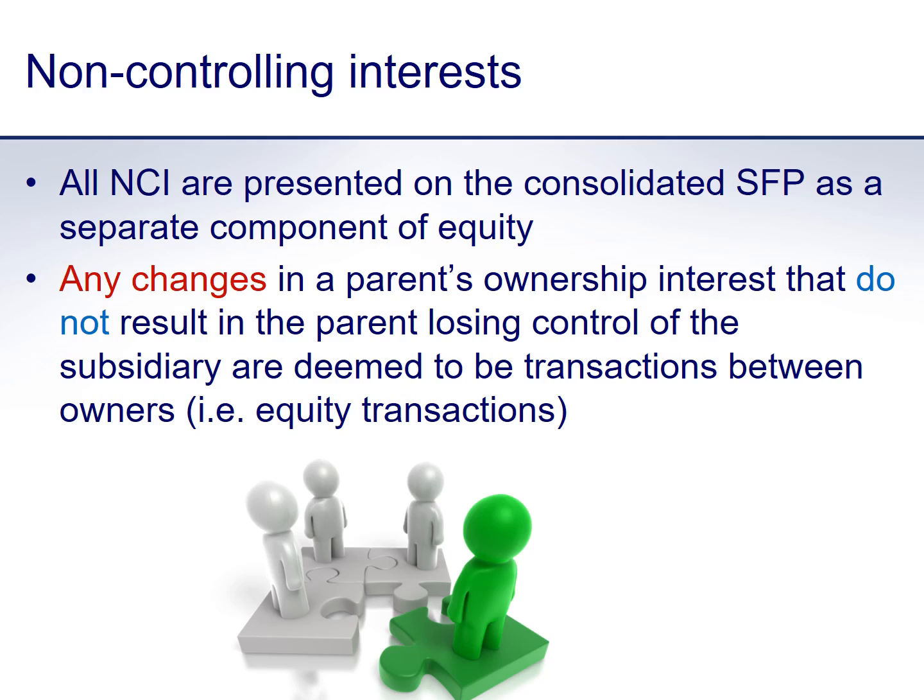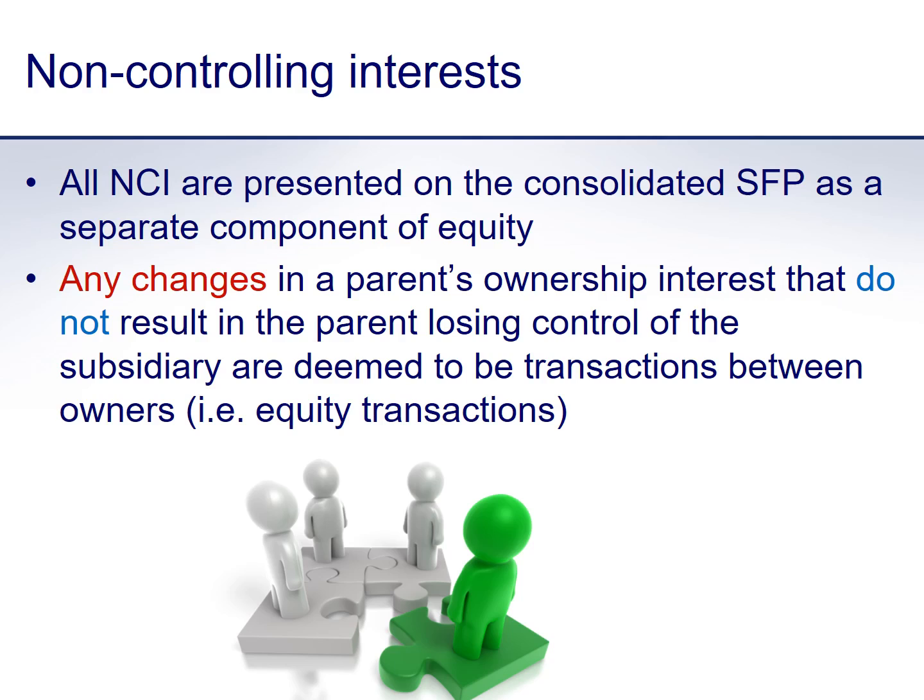Non-controlling interests, which used to be referred to as minority interests in the past, are accounted for as a separate component of equity. So this is the amount of the net assets of the controlled entity that does not belong to the parent as such. So it's basically the outside shareholders' interest in the group.